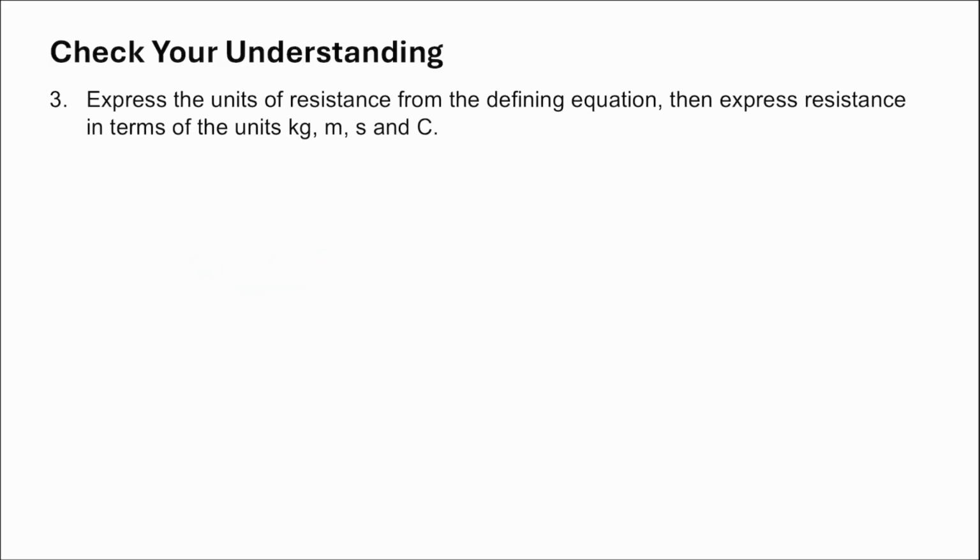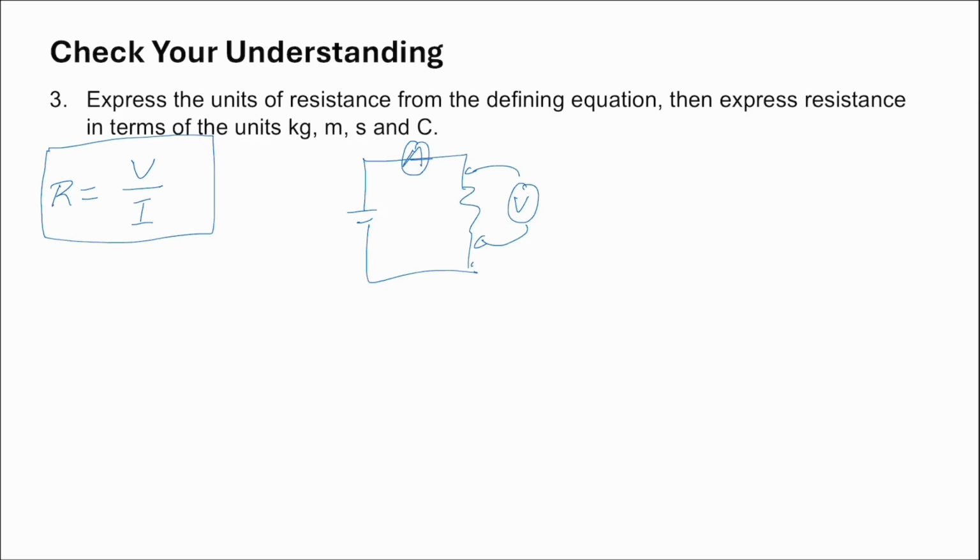When someone measures the resistance of a resistor, they will measure the current flowing through the resistor and also measure the voltage across the resistor. So the resistance is defined as V over I. This is the defining equation for resistance.